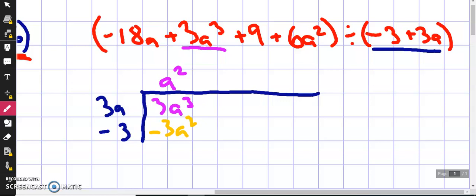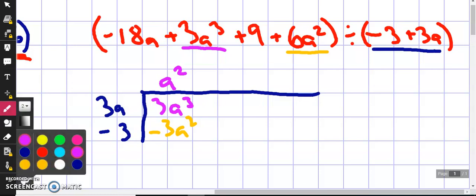So what I need to do is figure out where the a squared is in my original set. So I see a 6a squared. I'm given a negative 3a squared. So I need to add 9 because 9 minus 3 would give me 6.